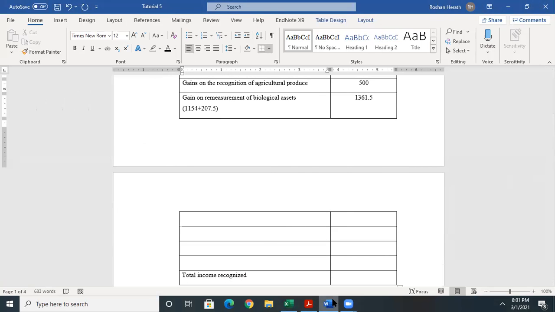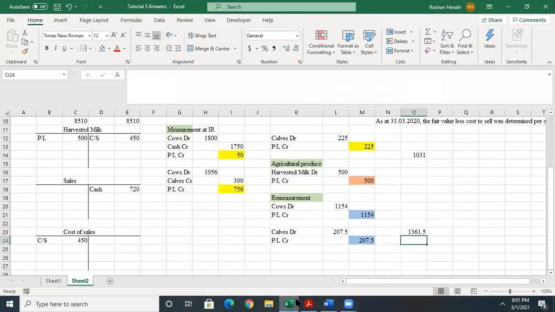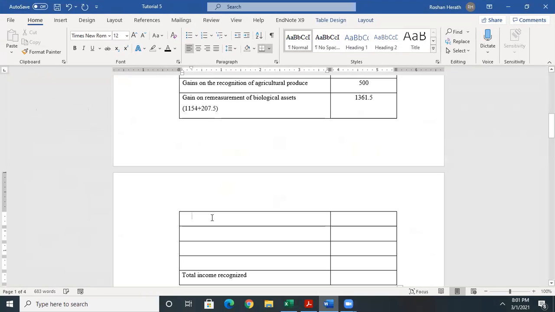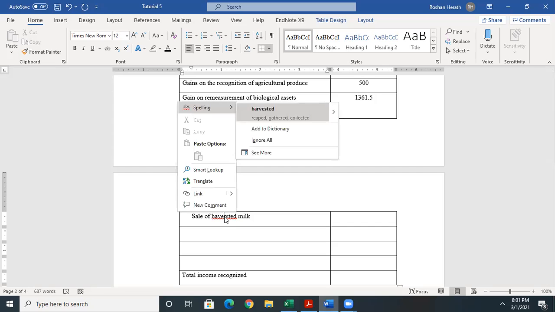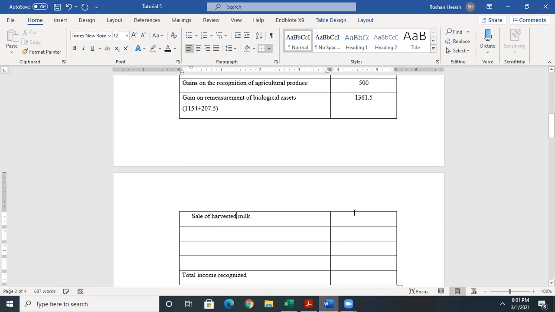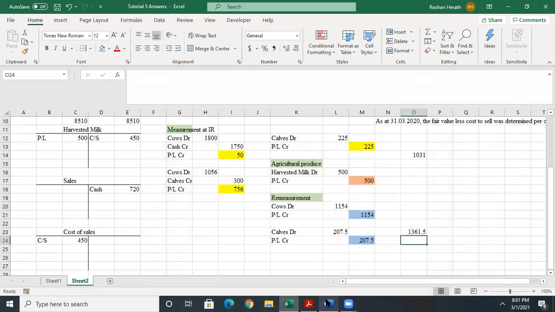You have another category. What is that? It's about the sales. Sale of goods. Sale of harvested milk, or the agricultural produce, or even you can say the output, right? Because here you are not adding any value and simply selling them.